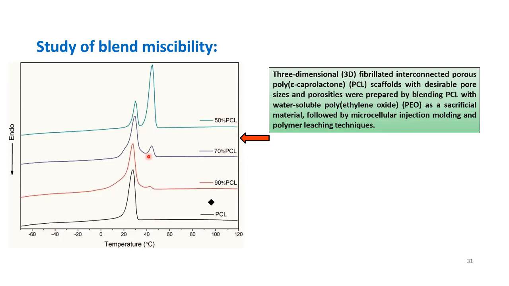We can get two peaks because these two are not at all miscible. So we are getting two distinct peaks, and with increasing the amount of PEO, the peak intensity is also increasing. That is how the miscibility plays a role in the change or shift in the Tg.